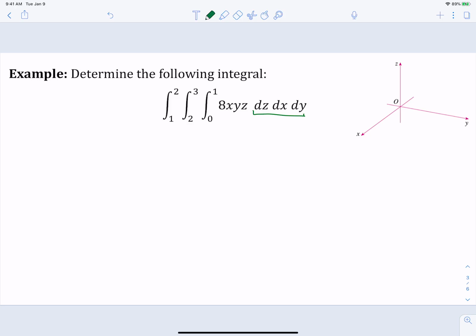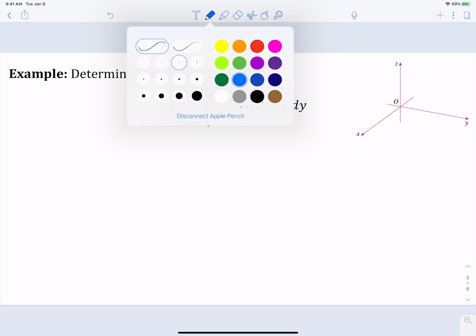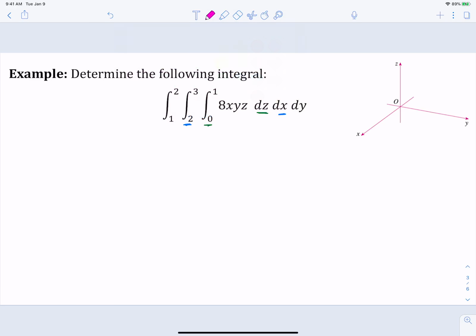All right, this one already is set up a little differently. We're going to integrate with respect to z first, then x, and then y. So what that means in terms of the region we're integrating over is that the most inside differential goes with our most inside integral, the middle differential goes with our middle integral, and the outside differential goes with our outside integral.